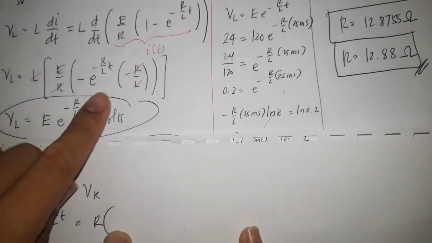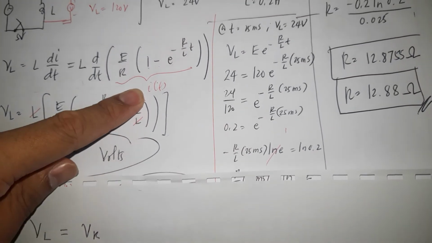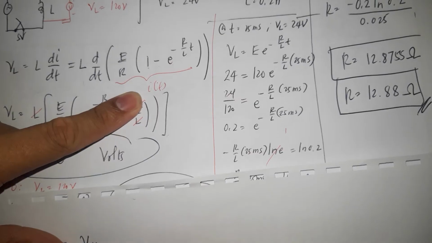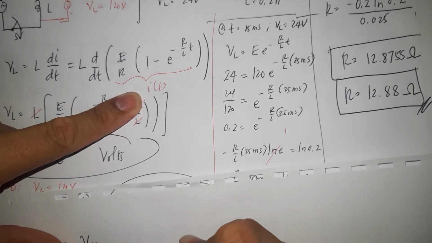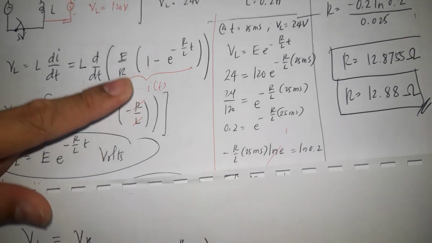What's the value of I again? The value of I here is E over R times the quantity 1 minus e to the negative R over LT.